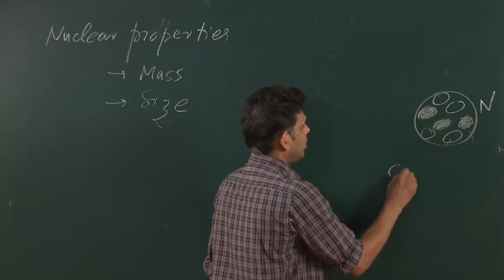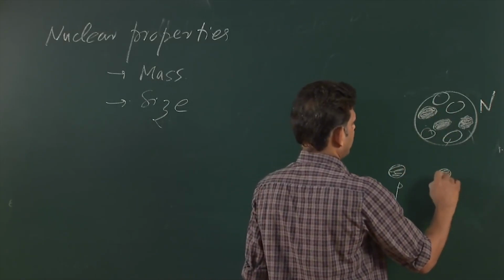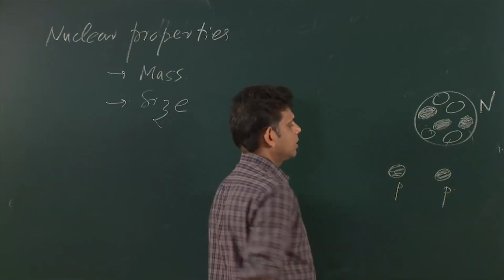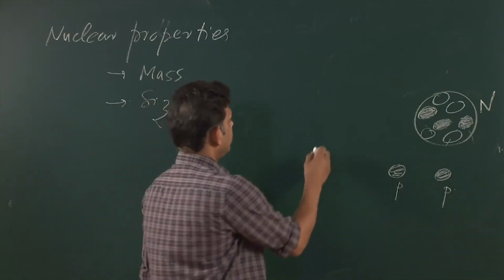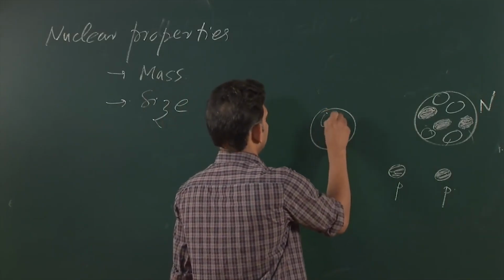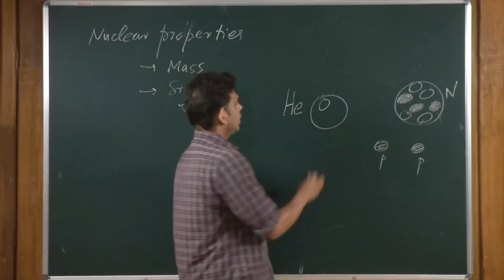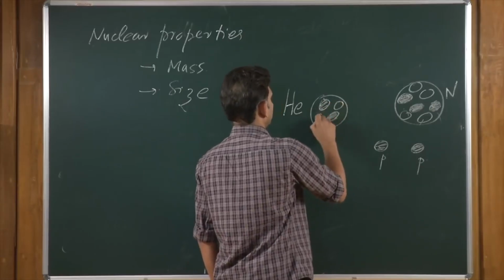we can actually think about two protons and, okay, let us look at the helium nucleus, second element. It has two protons and two neutrons.